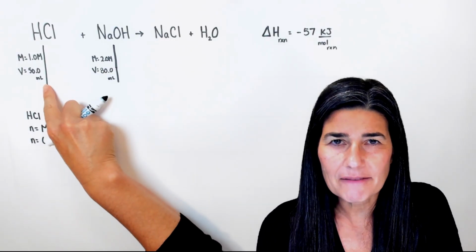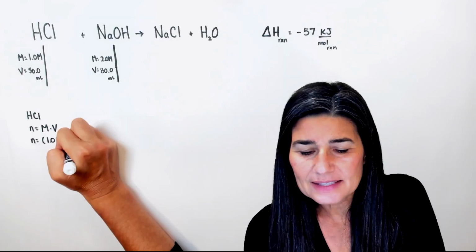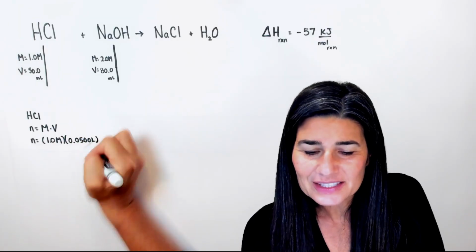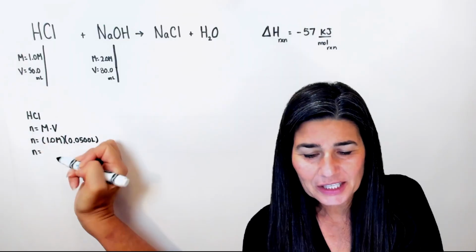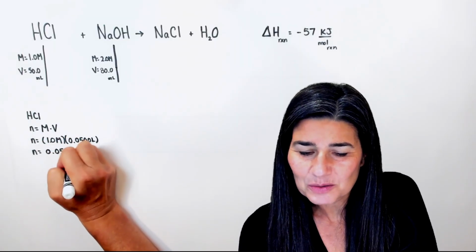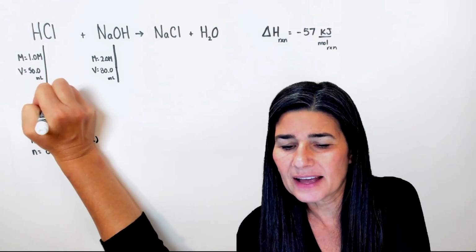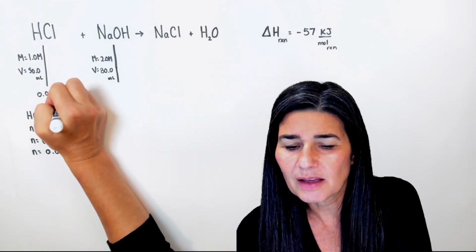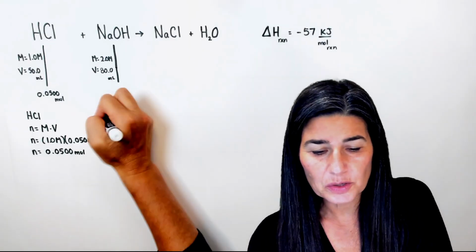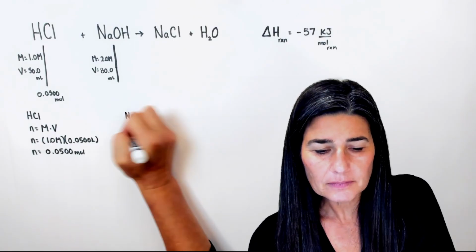Let's take that 50 mL, divide it by 1,000 to get our liters. That's 0.0500 liters. That tells me for hydrochloric acid, we have 0.0500 moles.